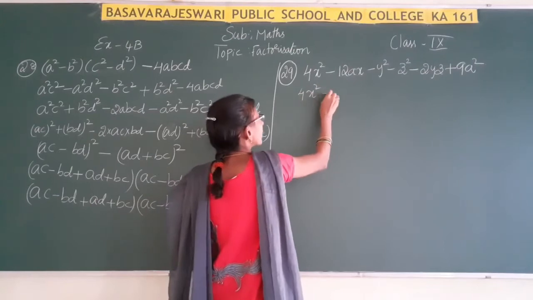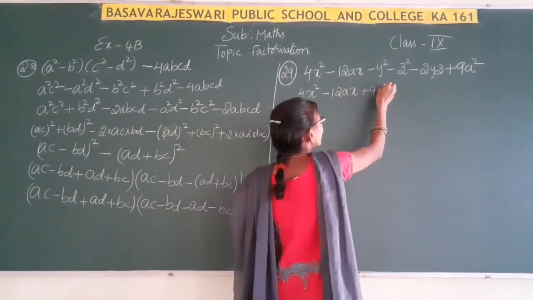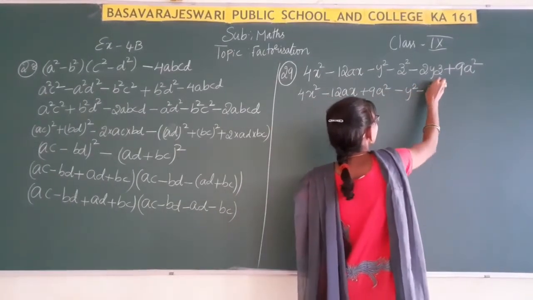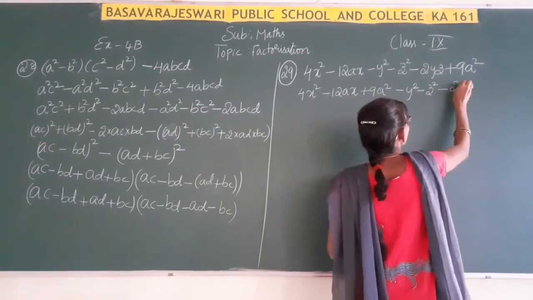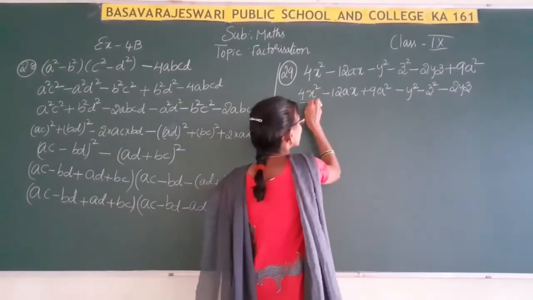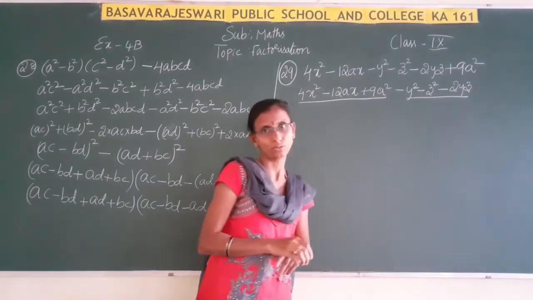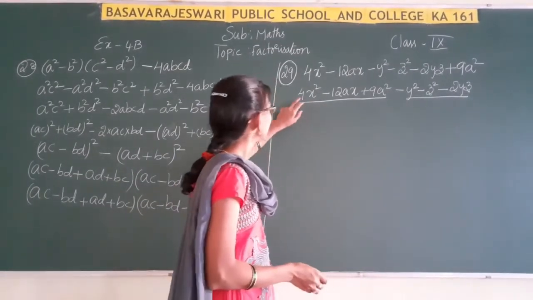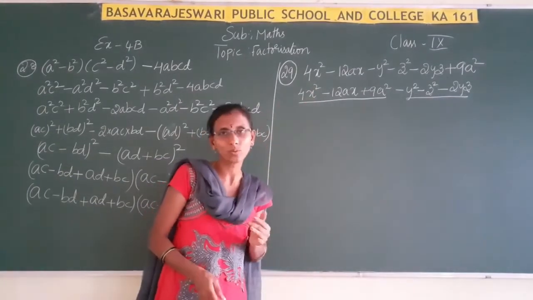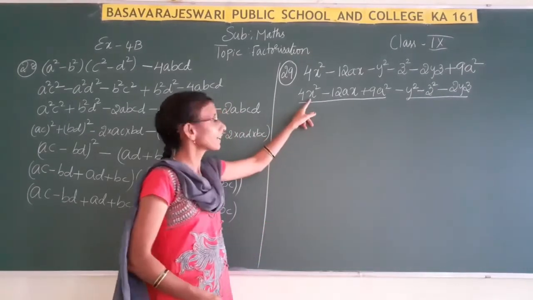4x square minus 12ax plus 9a square, minus y square minus z square minus 2yz. Now these first three are one group and these three are one group. Now this 4x square in terms of square, what can we write? 4 we can write as 2 square, and x square.